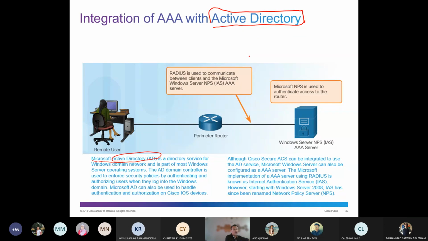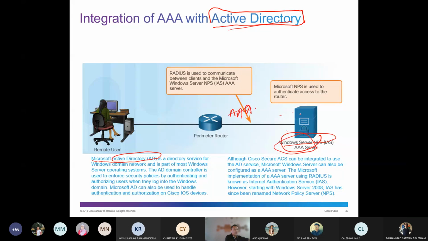Your username and password are already configured inside the database, and then we access the database, in this case the Windows Server. They check your username and password, then you are allowed access to your computer. So using this, we extend Active Directory now to implement what we call AAA.